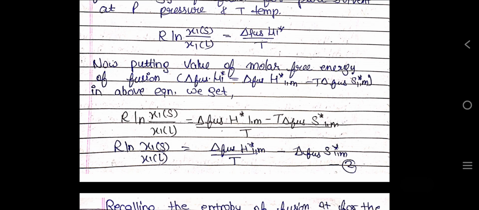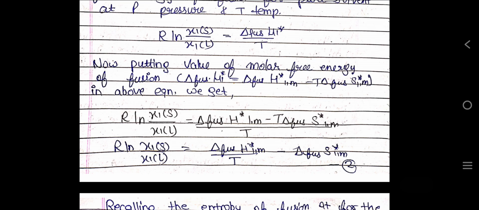After rearranging, RT ln of x1s minus RT ln of x1L is equal to mu1 star L minus mu1 star S. So RT ln of x1s by x1L is equal to mu1 star liquid minus mu1 star solid.